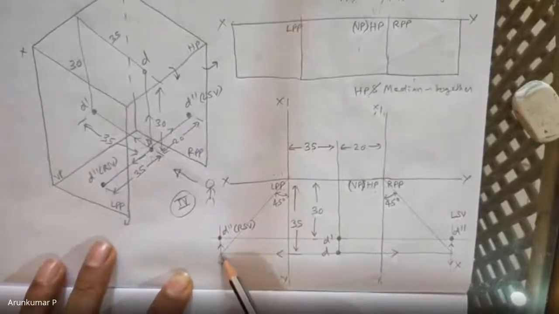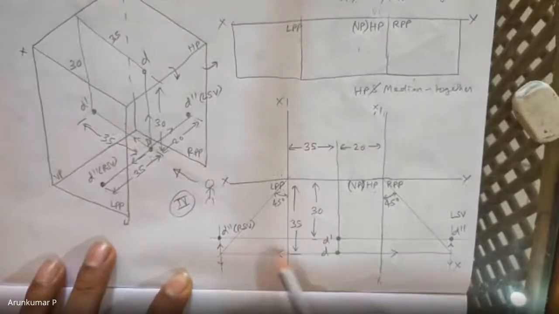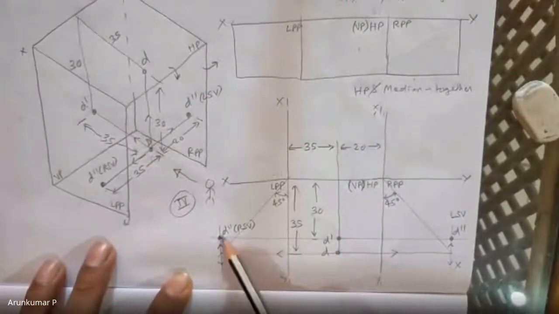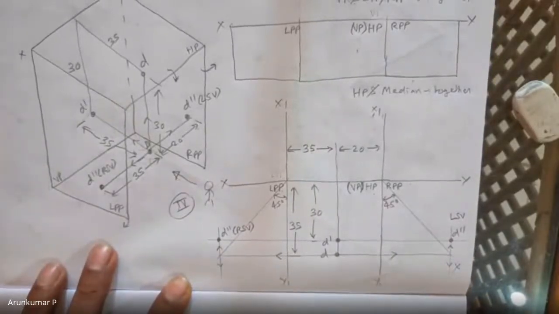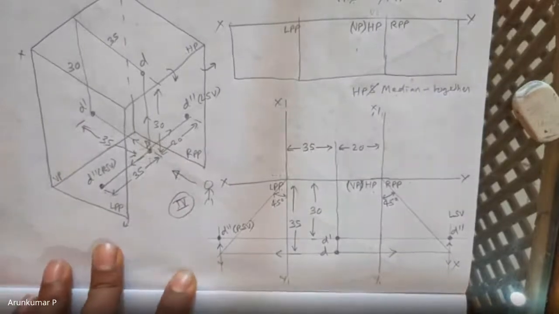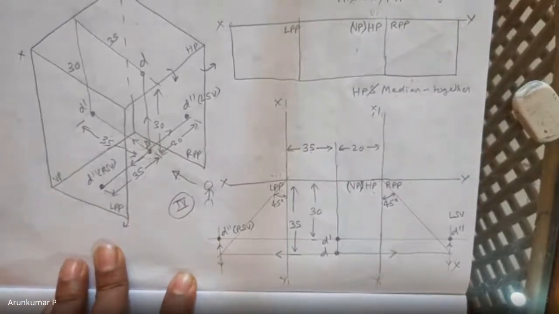Then depending on where your front view is, you have to take it up or you have to take it down. And make it to intersect with the front view, you will get the side view. So these are some of the thumb rules that you need to remember in order to solve these kind of problems which involve the side planes and the side views.